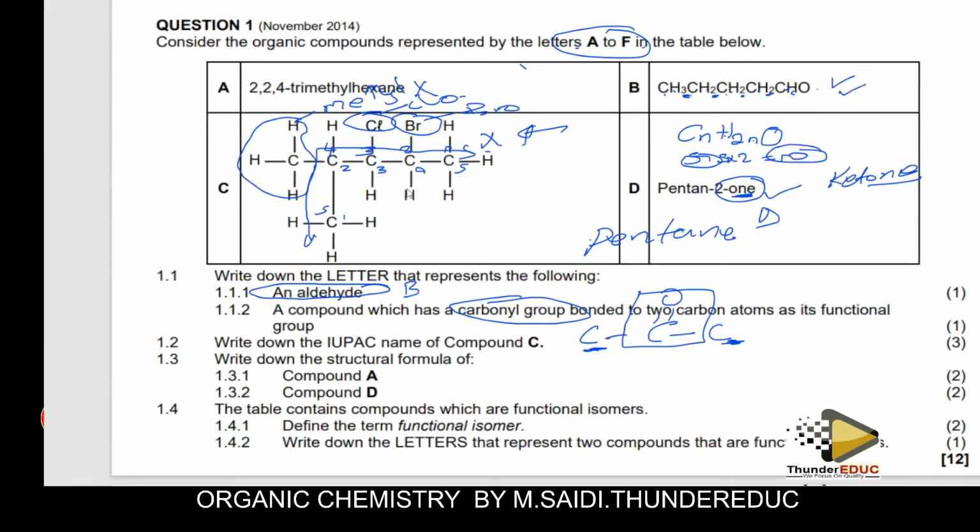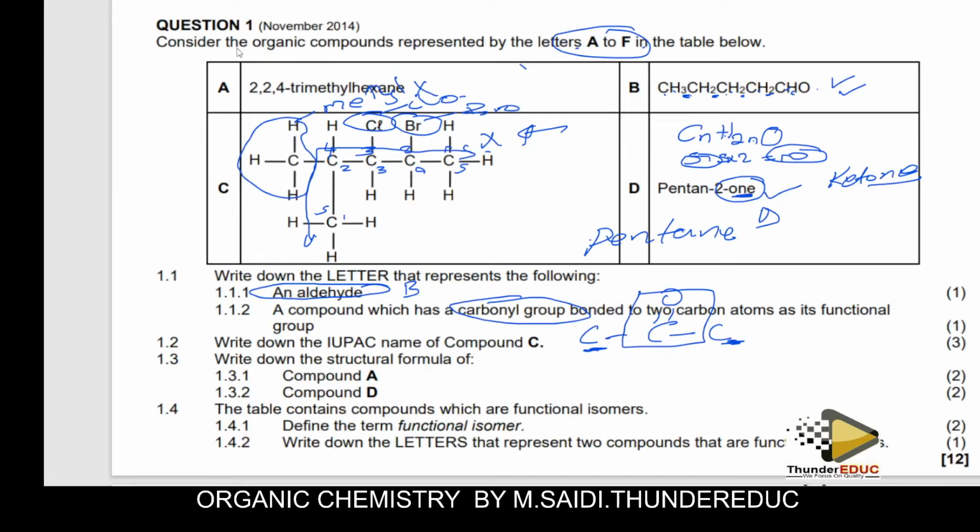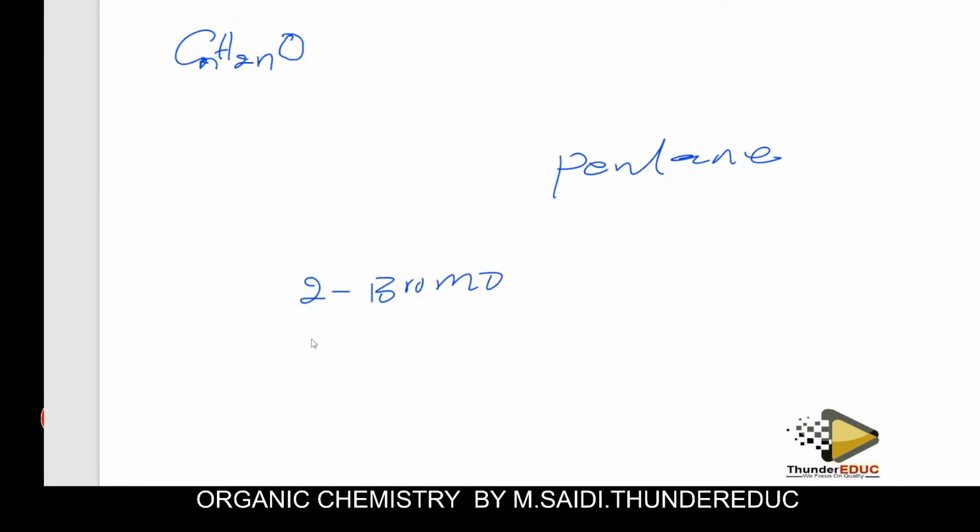The first group is bromine, which is on carbon atom number 2, so it's going to be 2-bromo. The second one is chlorine, so it's going to be 3-chloro.